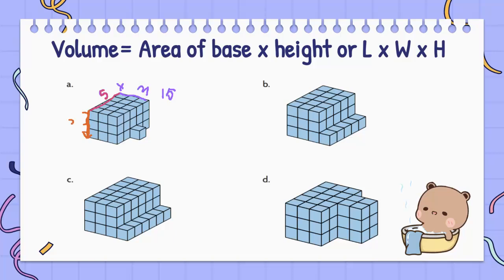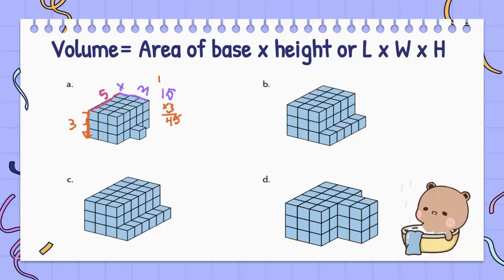So we're going to label this side as 3. And so now we do 15 times 3. 5 times 3, of course, equals 15. 3 times 1 equals 3 plus 1, that equals 4.